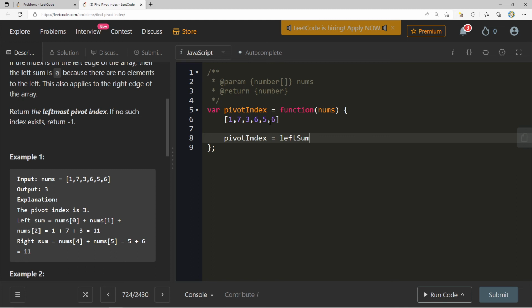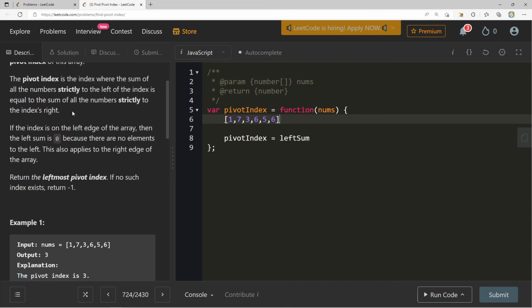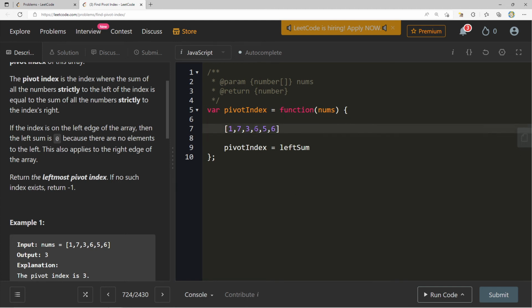So I wonder, like, if we pivot index equals the, maybe there's another way of doing this. If I had like total sum, if it was like 11, here's 11, and then what, 17, 22, and 28.